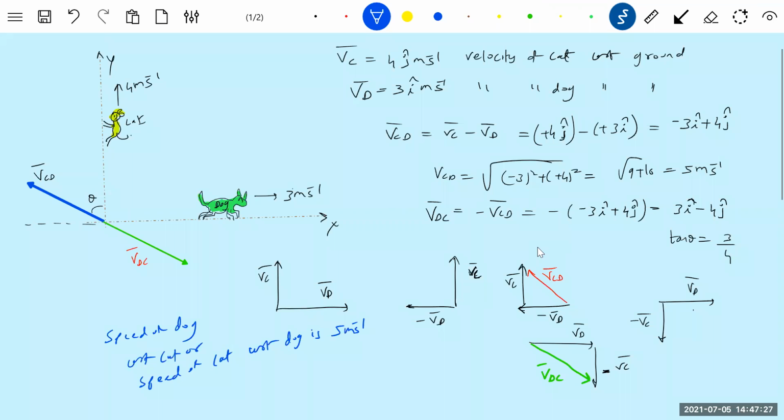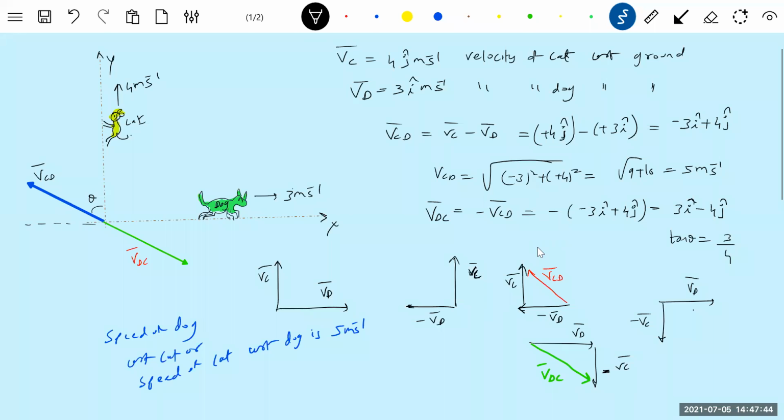Now, what is this arrow? Say something. See, everything is fine. These are all mathematics, but we want more of our physics to come into the picture. When the cat looks at the dog, it feels that it is moving along this direction. That is the meaning of that arrow. So, what is this arrow?